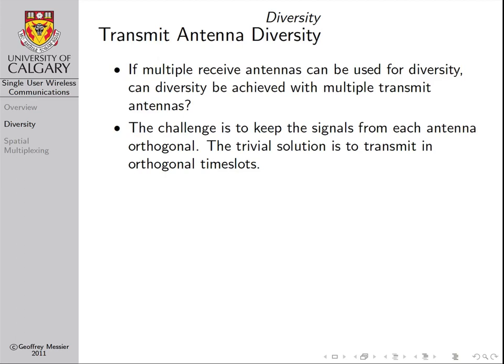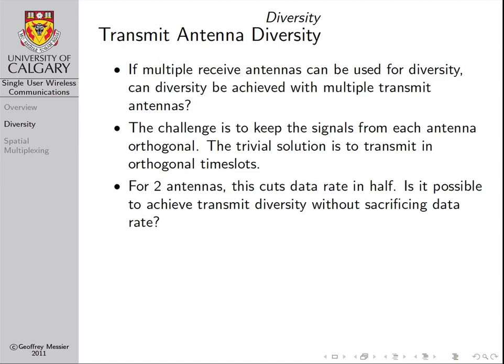The receiver is able to decode both of these signals separately, can store them independently in a buffer, and then perform maximal ratio combining on them. And because the first signal arrived from one antenna and the second signal arrived from the other antenna, they experience different fading values, and because they arrived in two different time slots, they're orthogonal to each other. And you could imagine doing this with different frequencies or even perhaps different orthogonal codes.